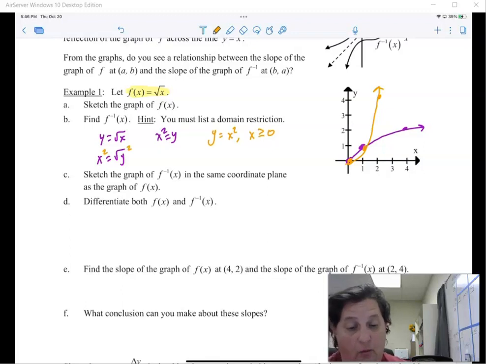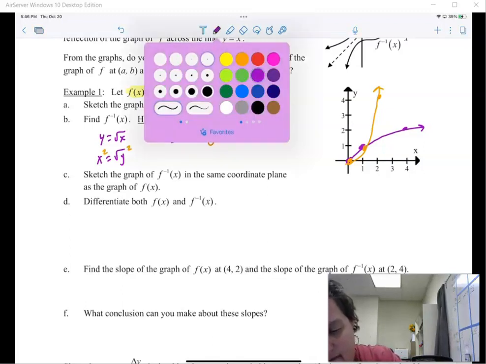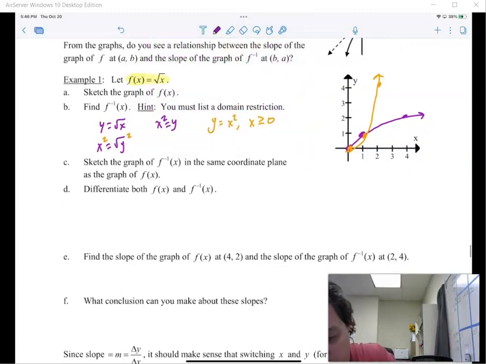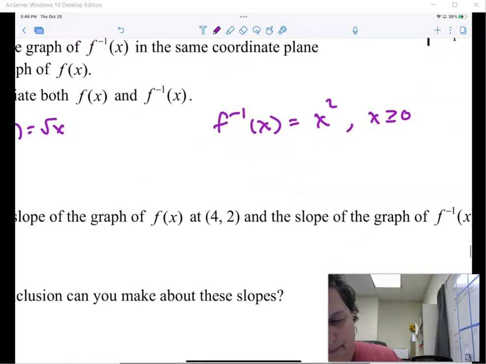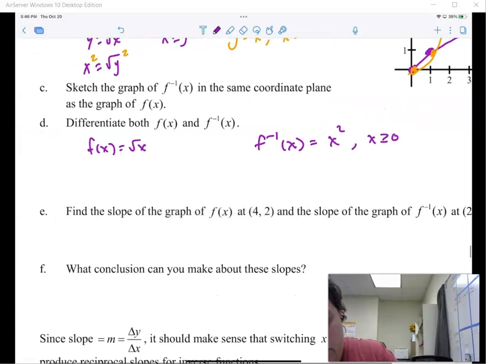Now it wants me to sketch the graph in the same coordinate plane. Did that. Differentiate both of them. Yikes. f of x was square root x. f inverse of x was x squared with a bit of a restriction. Let's take the derivative. This one is going to be 1/2 x to the -1/2.